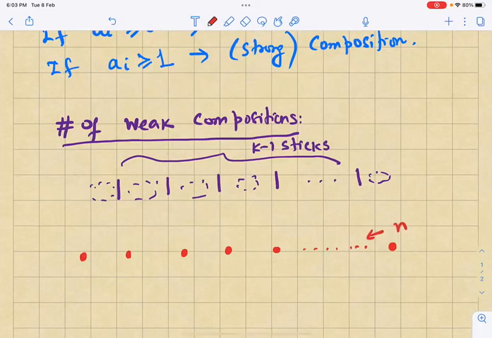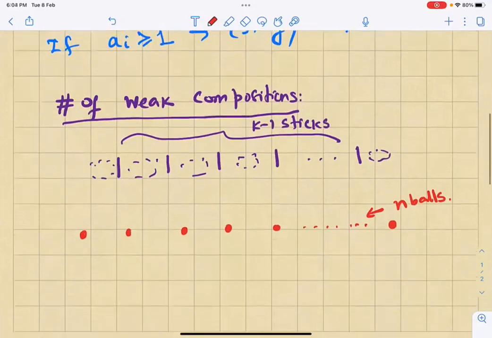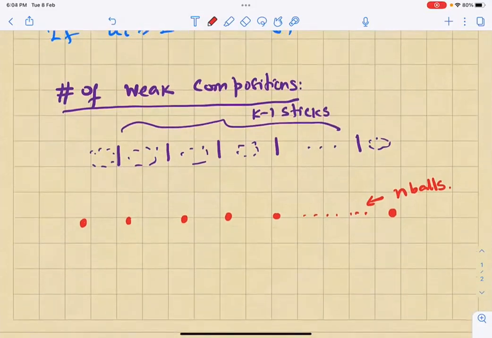So these are n balls, they look similar. Now what is the point of having these sticks, right? Basically if you place the sticks among the balls, then you arrange these balls into the boxes. Can all of you see that? I can place these k minus 1 sticks anywhere among these balls.